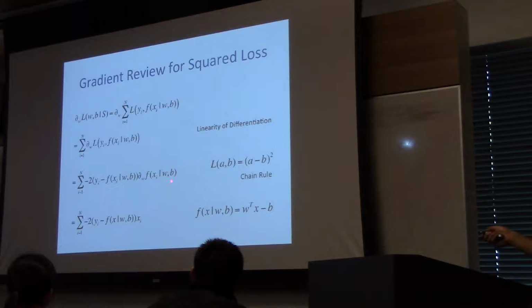And the model class is linear, so using this fact and the chain rule again, we get this. So this is literally the gradient, or derivative, I'll use both interchangeably, for squared loss on a training set.